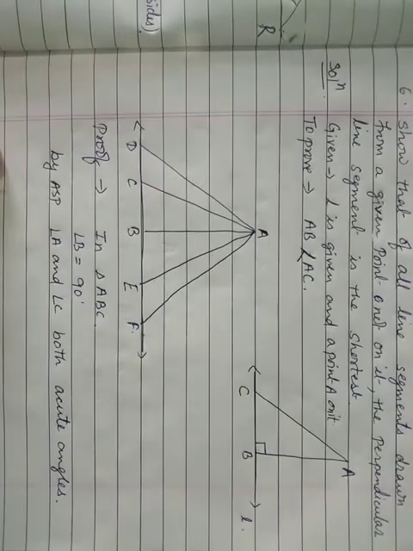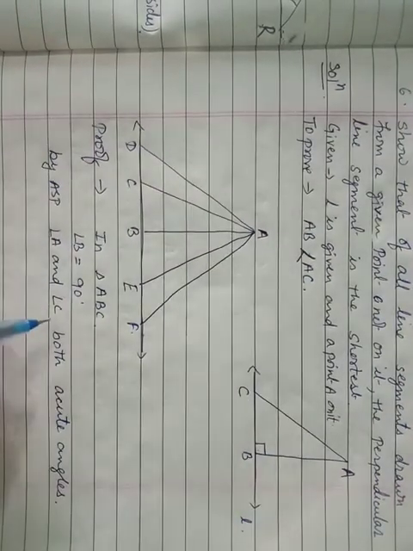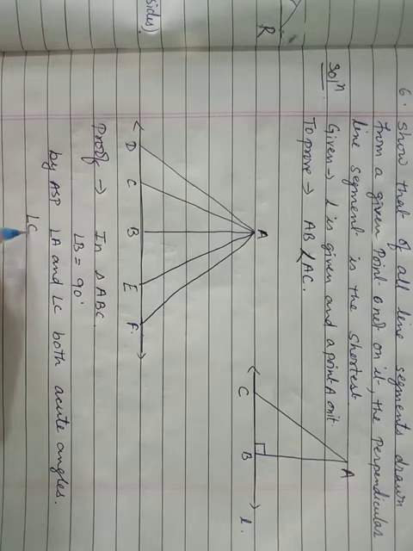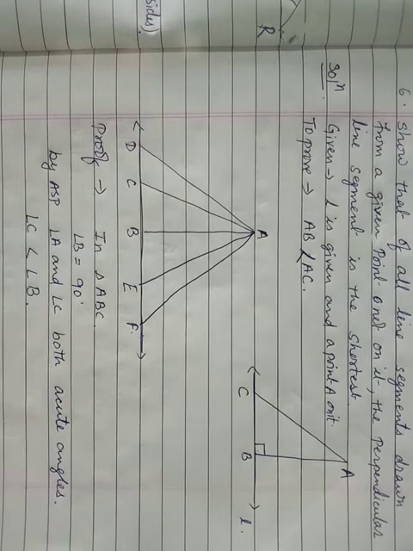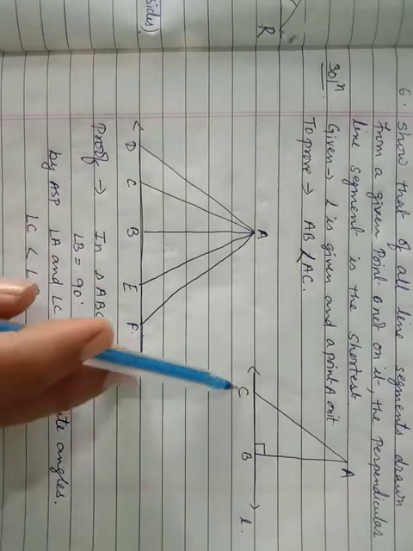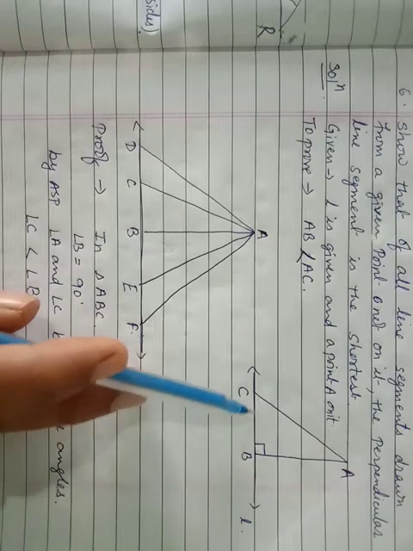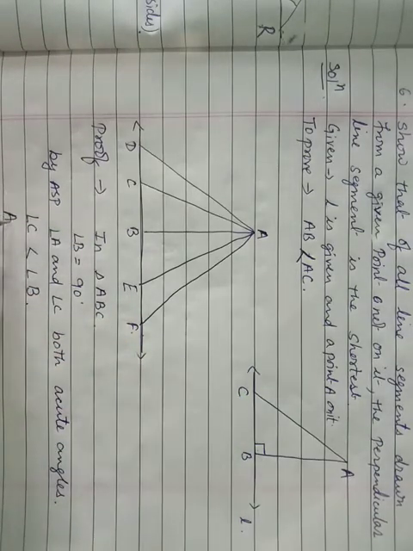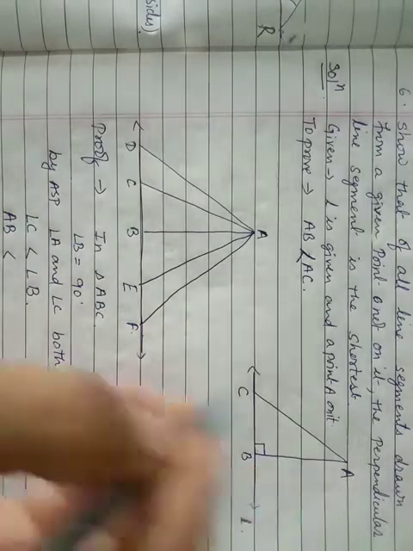So they are acute angles. It means we can say that angle C is smaller than angle B. Okay, if angle C is smaller than angle B, it means AB is smaller than AC.